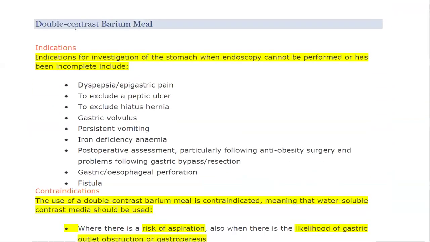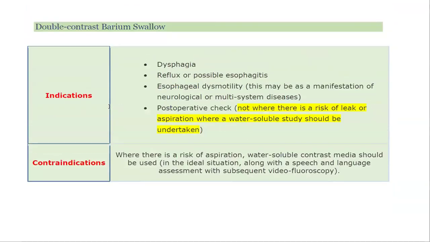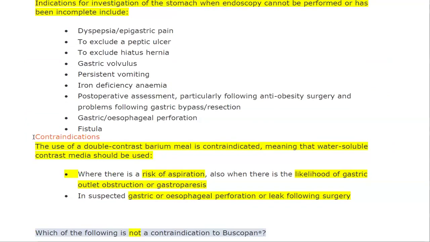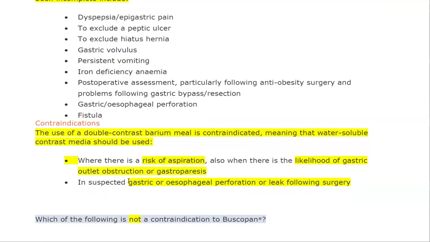Okay, the double contrast barium meal is the same as the swallow. So there is no major difference. You need to know about the contraindications if there is a risk of aspiration, or even gastric outlet obstruction or gastroparesis. This will be very risky for the patient. If this is in the exam question, you will have to check this carefully.